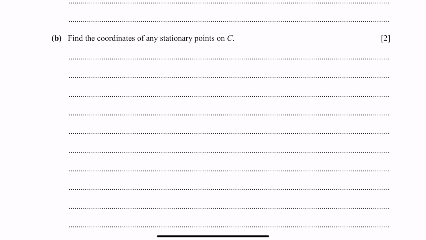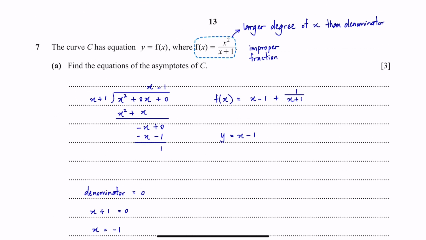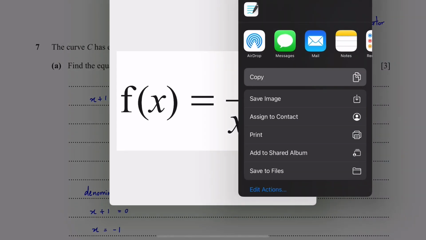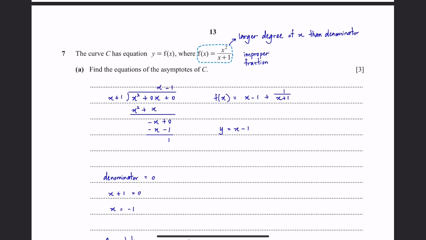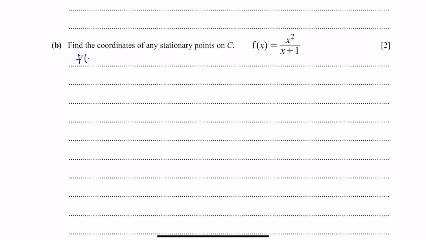Now we need to find the stationary points on C. So we just need to differentiate this expression. So we get (x plus 1) times 2x minus x squared over (x plus 1) squared.